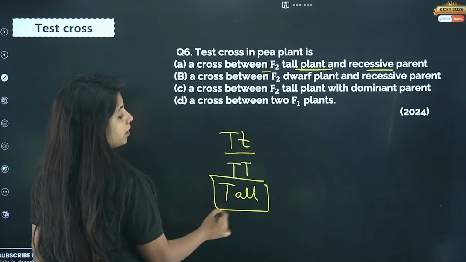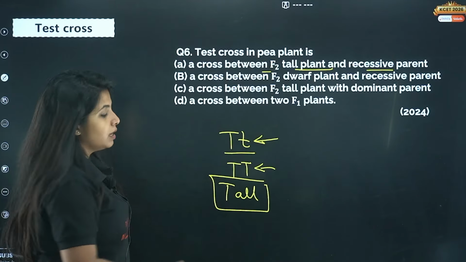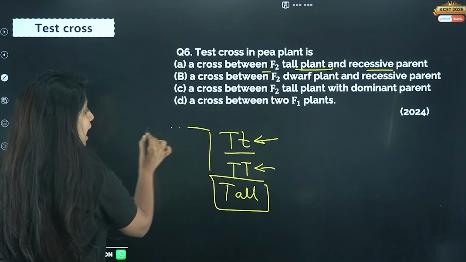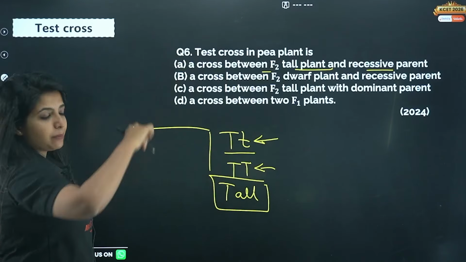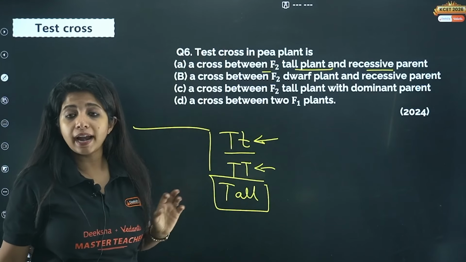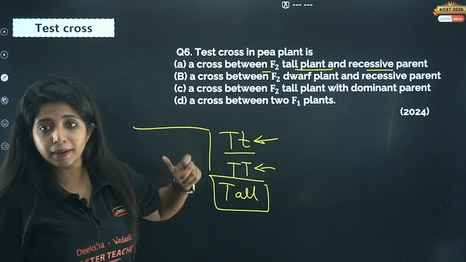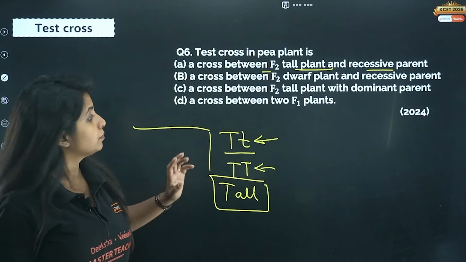Now I do not know the plant is like this or the plant is like this. So what do I do? I have to go back. That means suppose it is F2, then I have to cross it with some F1 plant out there.